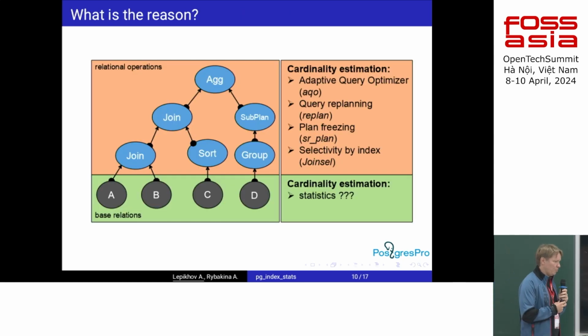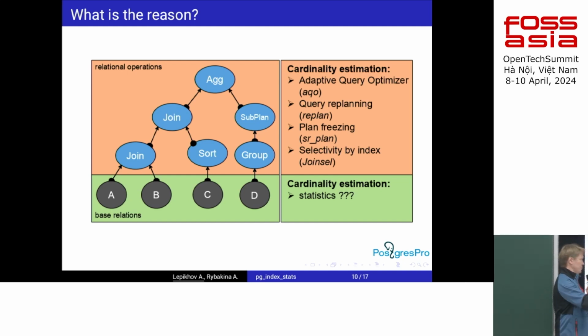Analyzing such complex queries, we divided them into two classes. It's base relations, scans, and other relational operations like joins, groups, sort, and so on. For the top, for complex relational operations, we already have a lot of tools.